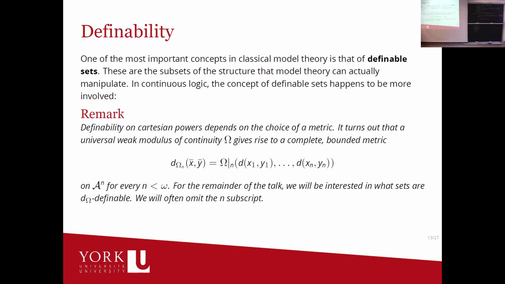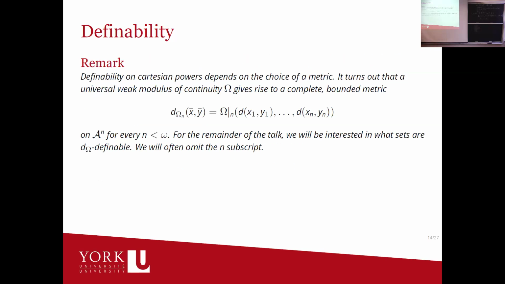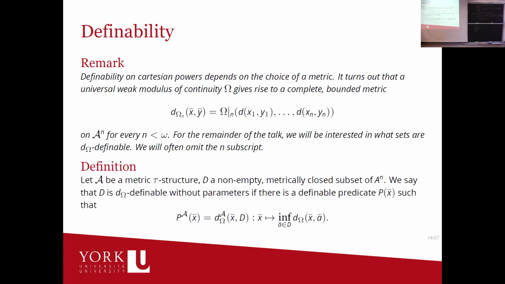It turns out that these moduli of continuity give me a metric on A^n for every n, where the distance between two tuples is just omega applied to the individual distances. So I have this distance on each power of A, and I'm going to say that a non-empty metrically closed subset of A is definable if there is a definable predicate that's exactly the distance to that set.